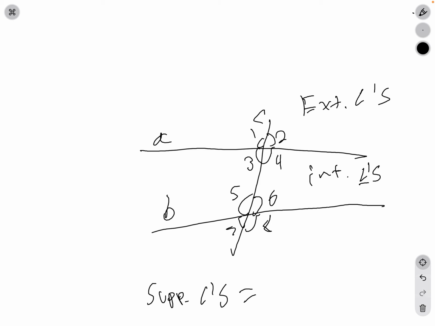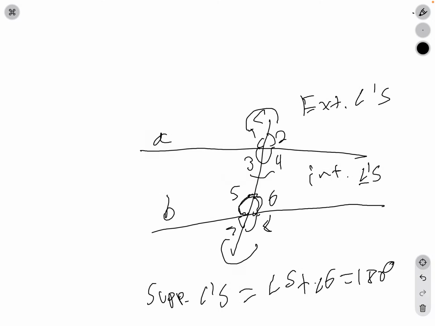As we can see here, 5 and 6 equal a straight line because if we connect those two, it will be a half circle, which is a straight line, 180 degrees. So then we can state that angle 5 plus angle 6 equals 180 degrees. That goes the same for angle 7 and 8, 1 and 2, and also 3 and 4. There's a bunch of different supplementary angles.